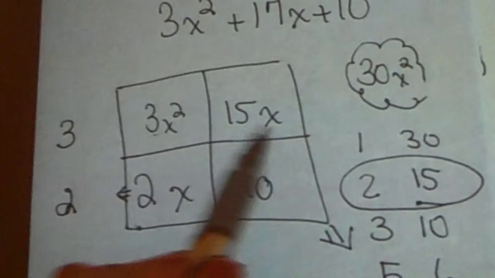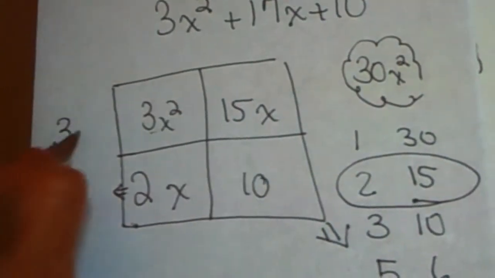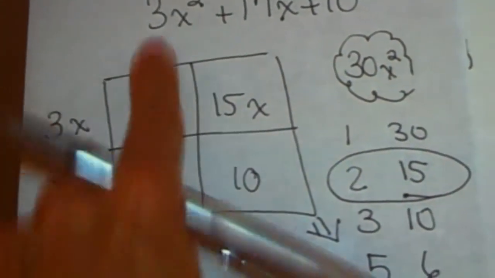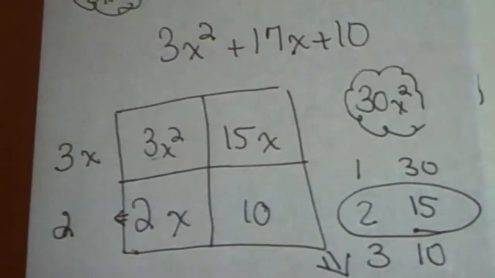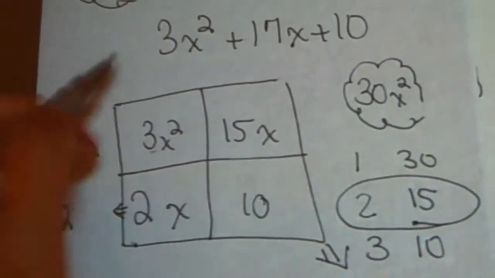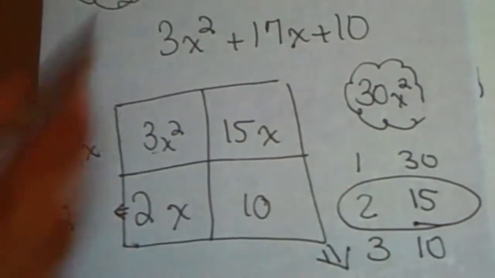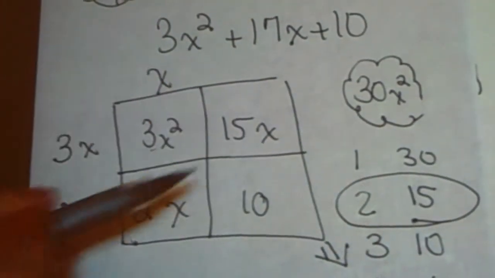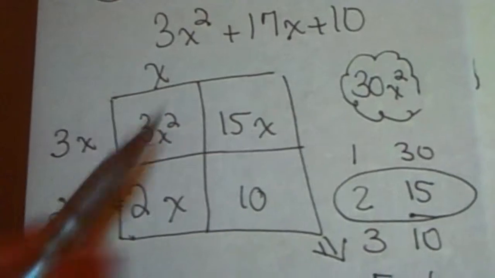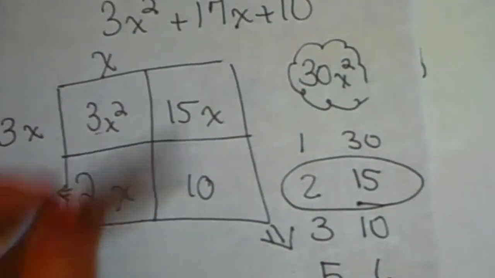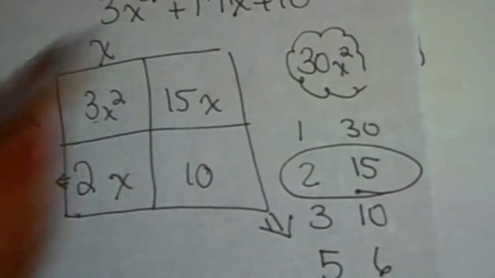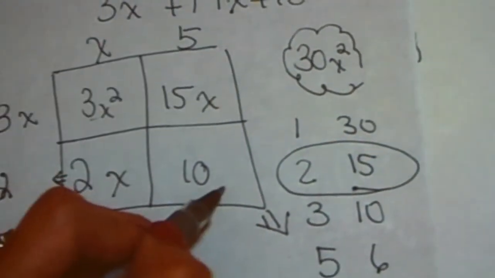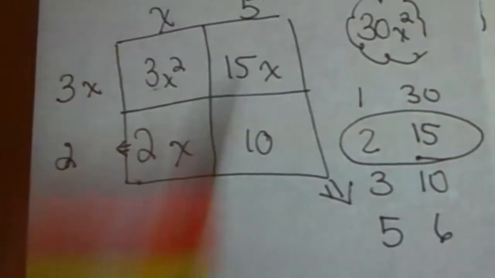Is there a common letter? X. Very good. Pulling up, the greatest common number out of 3 and 2? 1, there's not one, so it's going to be 1. And a common letter? X. Going up, common number between 15 and 10? 5. There's not an x over here, so there's not a common letter to be pulled out.